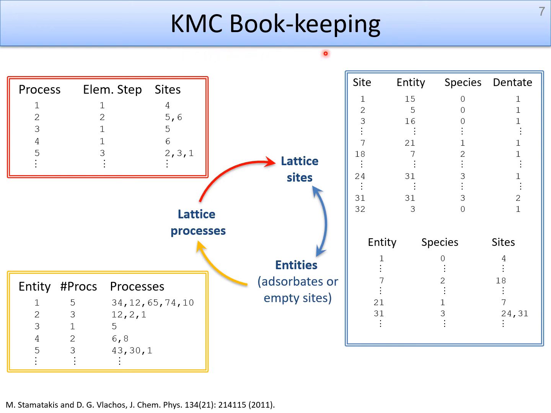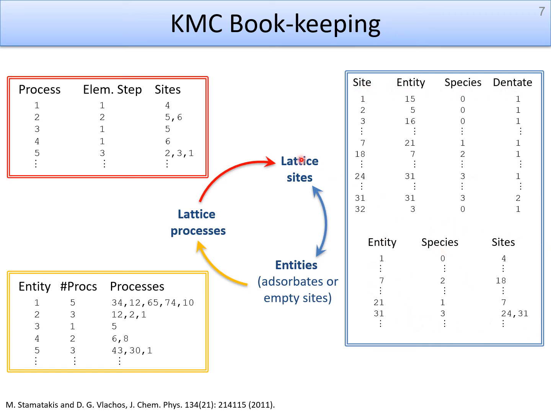So in terms of bookkeeping, a minimal graph theoretical kinetic Monte Carlo simulation would encode the information about the state of the KMC simulation in these arrays that we show here. So we have the lattice state, first of all, which gives us the entity, species, and dentate for each one of the sites. We have the inverse mapping of that.